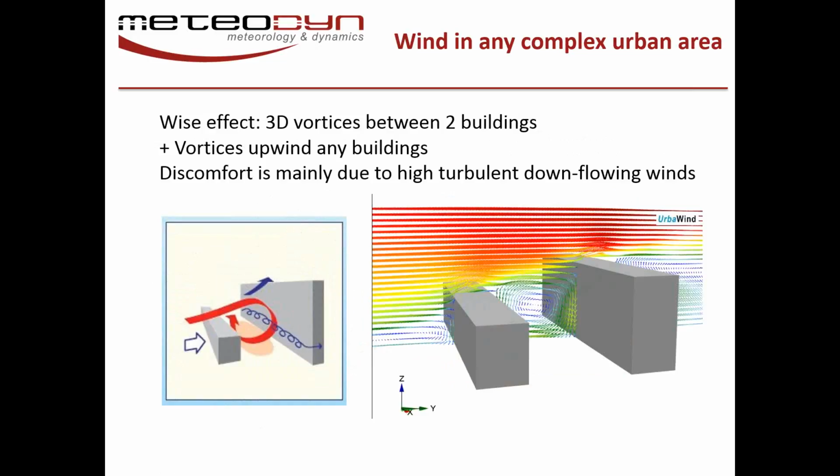And discomfort is mainly due to high turbulent down-flowing winds, and it's very difficult to treat this discomfort area because the wind comes from the upper part of the building, of the facade. So it's a problem to assess the comfort and to improve the comfort.